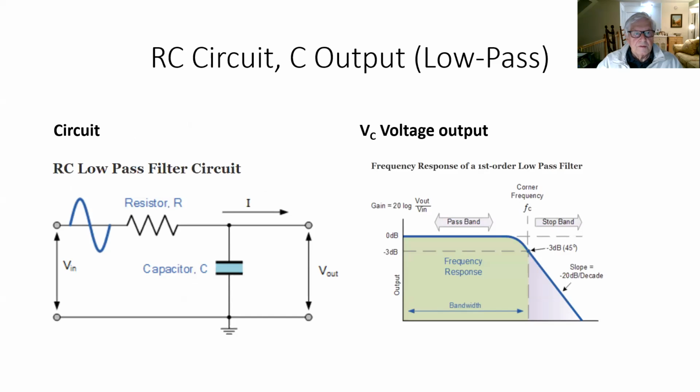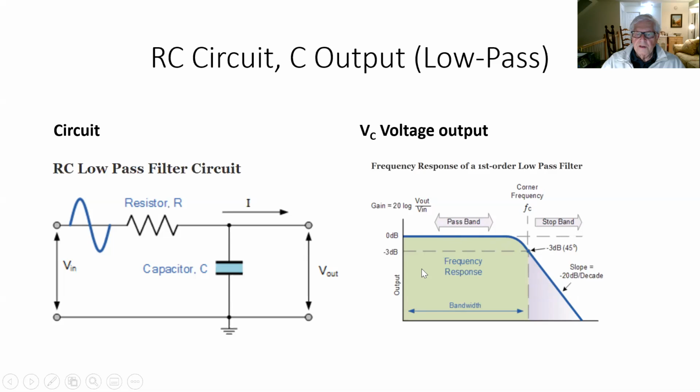Okay, so let's look at an RC circuit, where the output now in this case is taken directly from the capacitor. That gives us a low pass filtering as pictured by this Bode plot here.